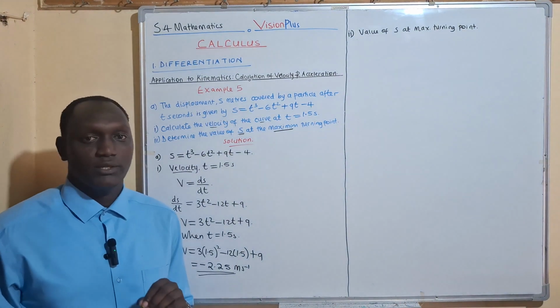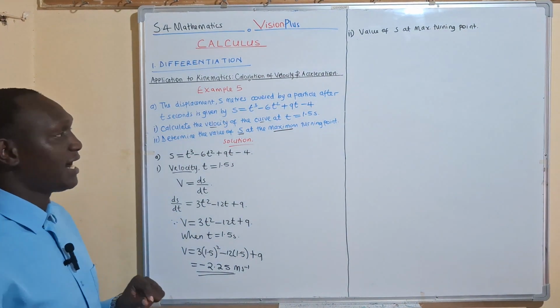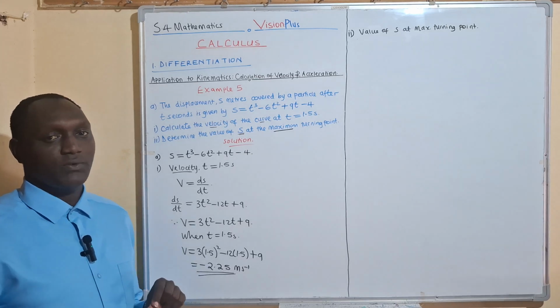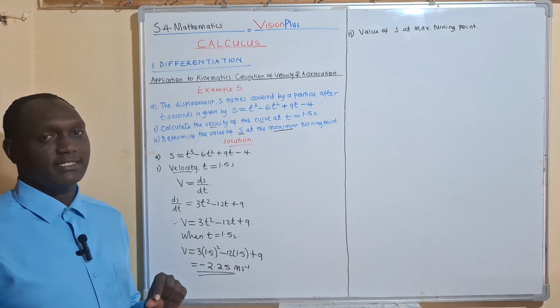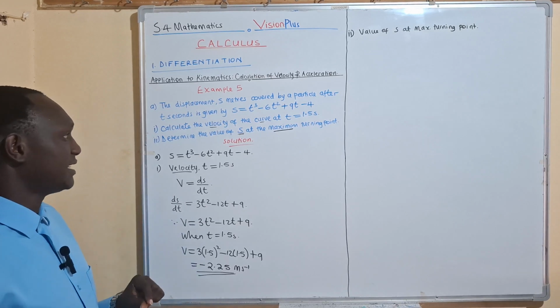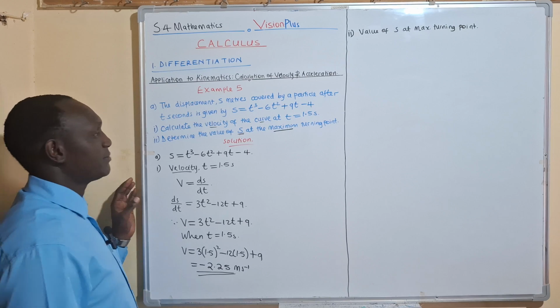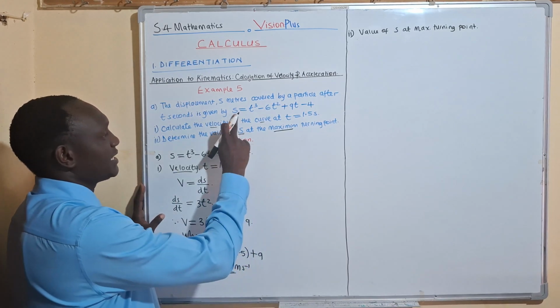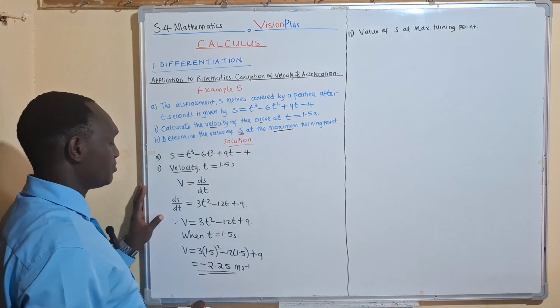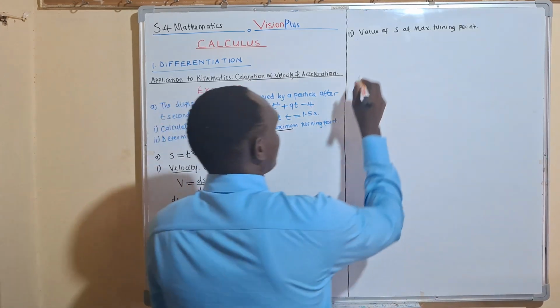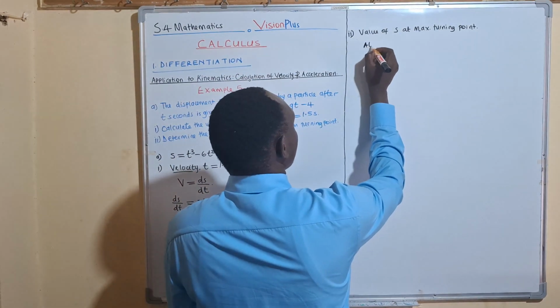What do we know? We know that at any turning point, dy/dx is 0. That is generally. But for this case, at the turning point, ds/dt is going to be 0.